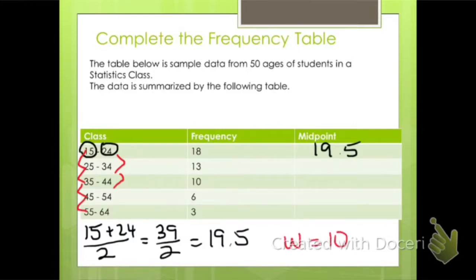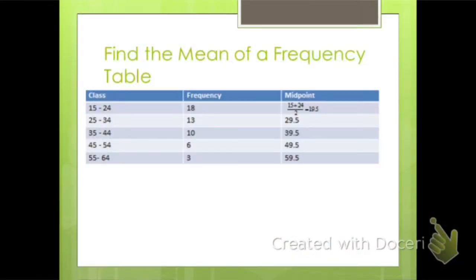So the width is 10, and we keep adding the width to our first midpoint, which leaves us with 29.5, 39.5, 49.5, and 59.5. So now that we have our midpoints, we can find the mean of a frequency table.